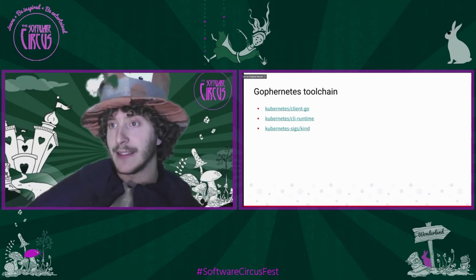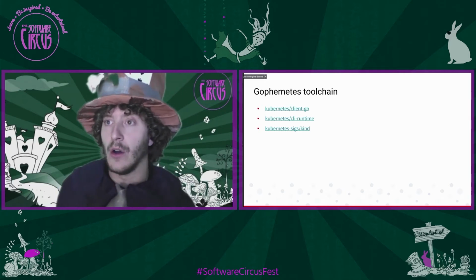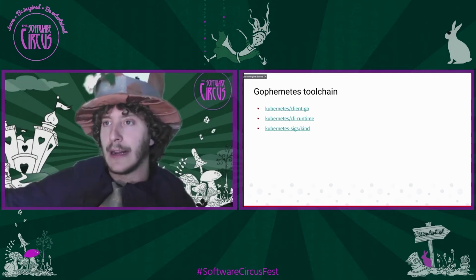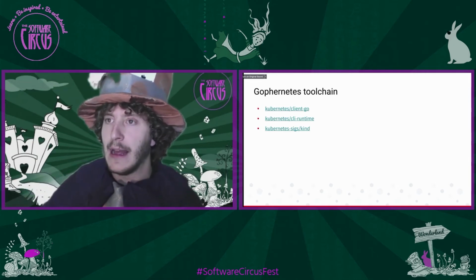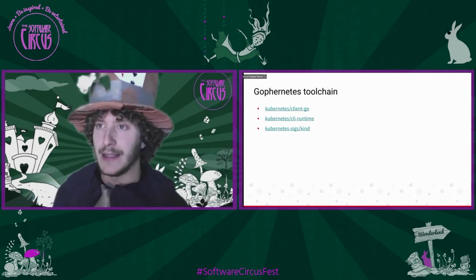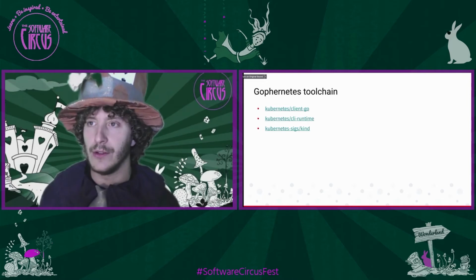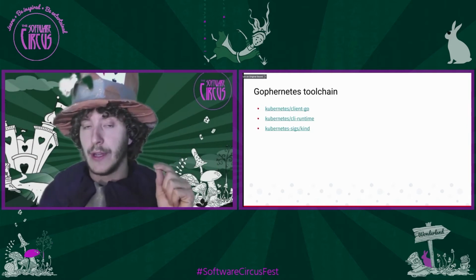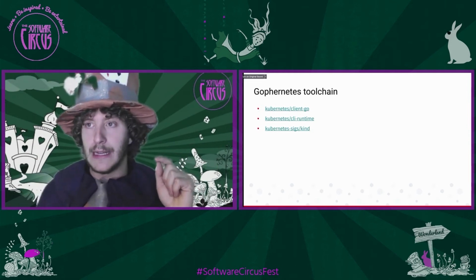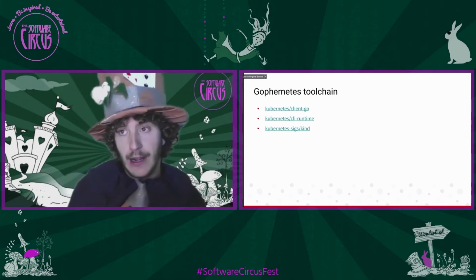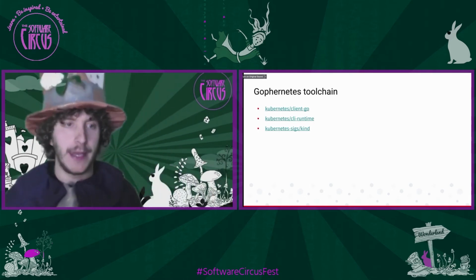And if you have a custom resource definition, you can use client-go to consume the custom resource definition as a normal resource as well. The CLI runtime is a very cool one if you write kubectl plugins, or if you write binaries that have to look like kubectl. And I'm going to tell you why it's important in a bit.